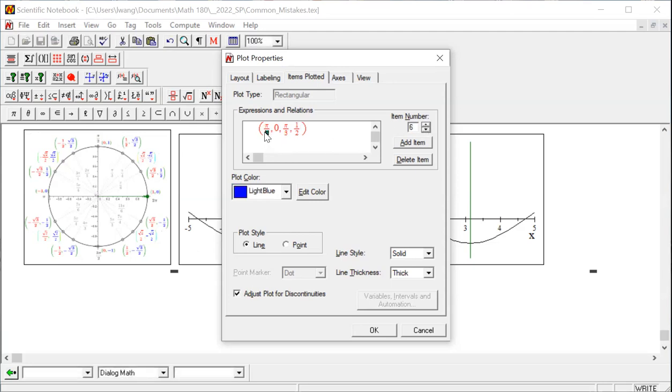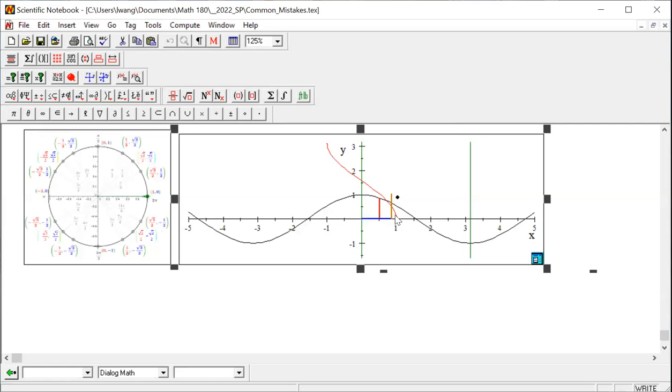Okay, so pi over 6, and this is root 3. And it's going to be red, because I'm going to demonstrate the orange color.